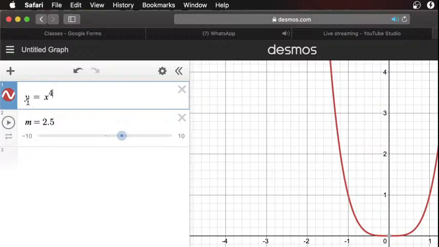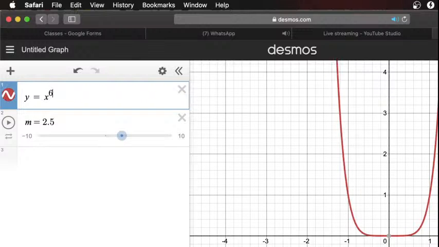This value of y can never become negative. Hence, the graph is symmetric about the y-axis, because for plus x and minus x you have the same values. Similarly, y equals x power 6, y equals x power 8, everything is going to be an even function like this. As you notice, as the power of x increases, the flatness of the curve increases.